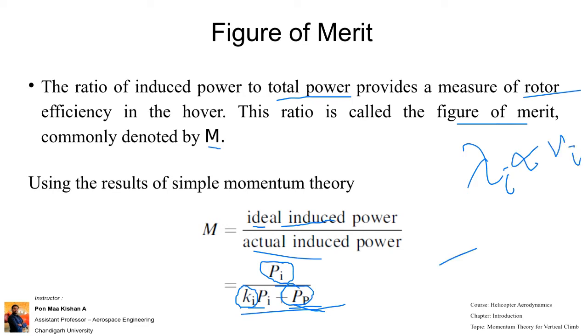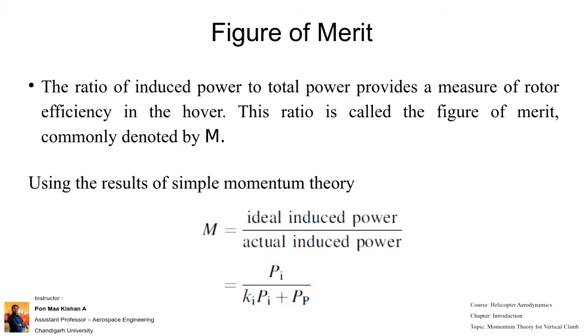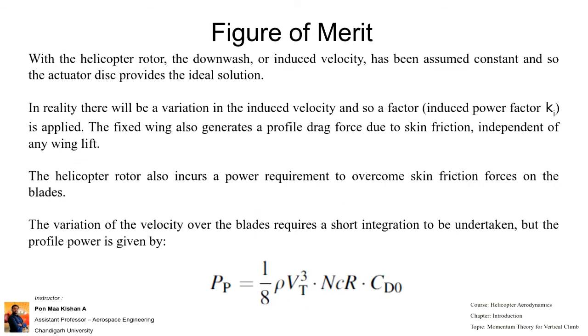So in order to account for lambda i, we take a constant correspondingly, and that constant is Ki. The Ki value will be approximately 1.1, and it is called the induced power factor. There will be a variation in the induced velocity, and that factor needs to be added.